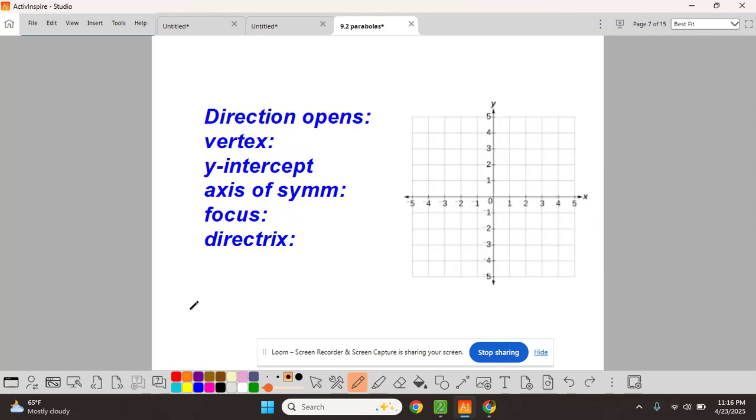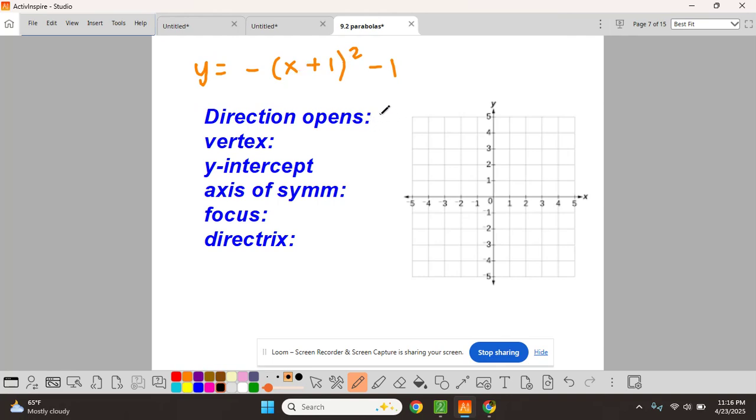So let's try this problem here. Y is equal to negative, let's say here, x plus 1 squared minus 1. Okay. So in this case here, we know that the y is by itself and the x being squared.